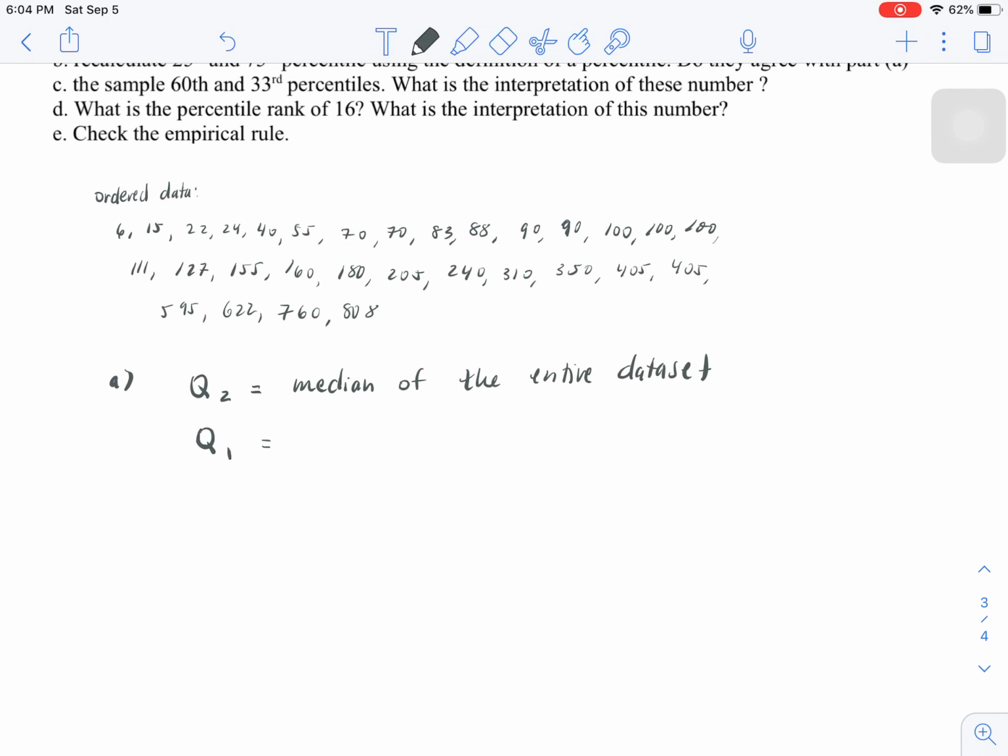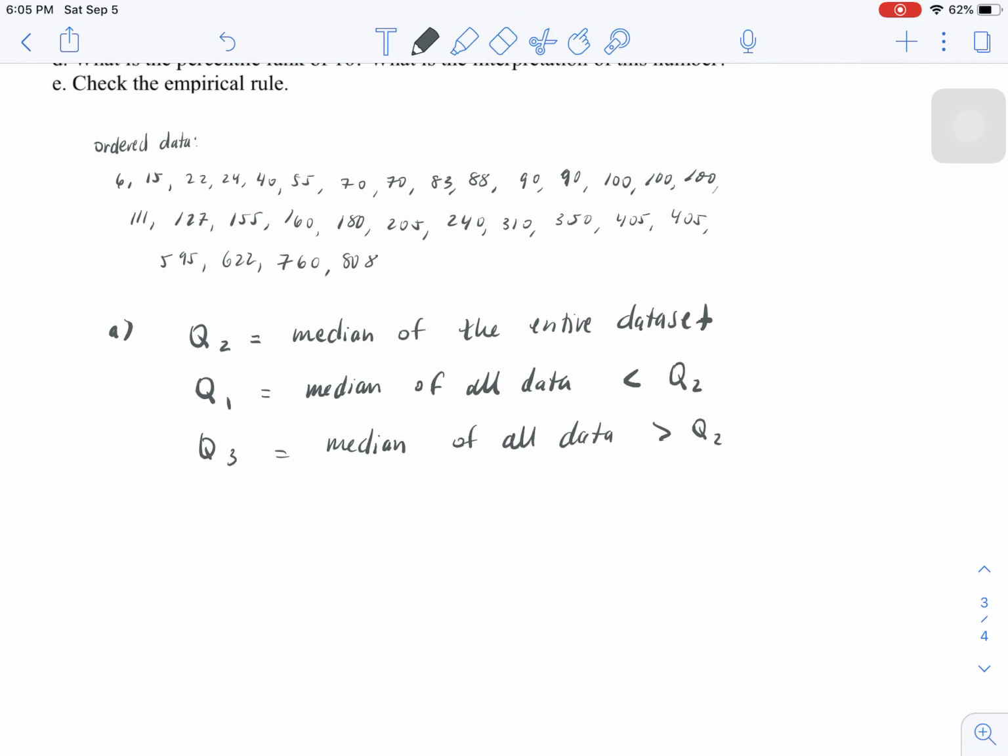Q1 then is the median of the lower half, so it's the median of all data points less than Q2. Q3 is the opposite. It's the median of all data points greater than the median, greater than Q2.